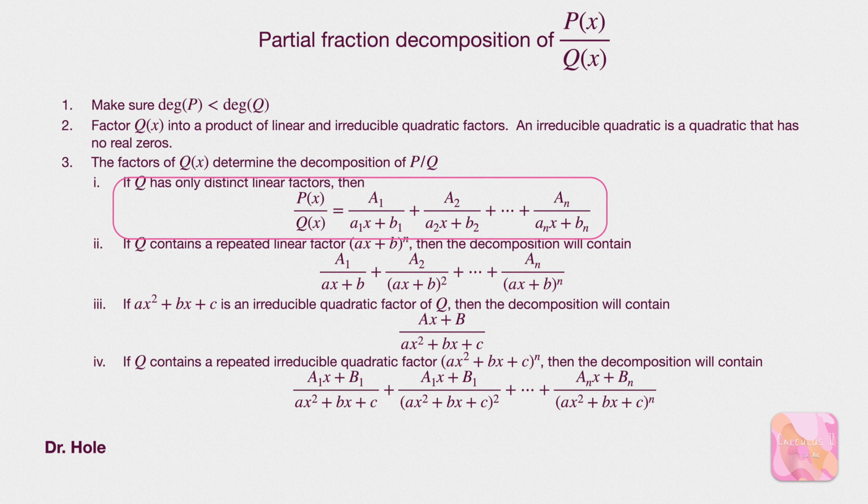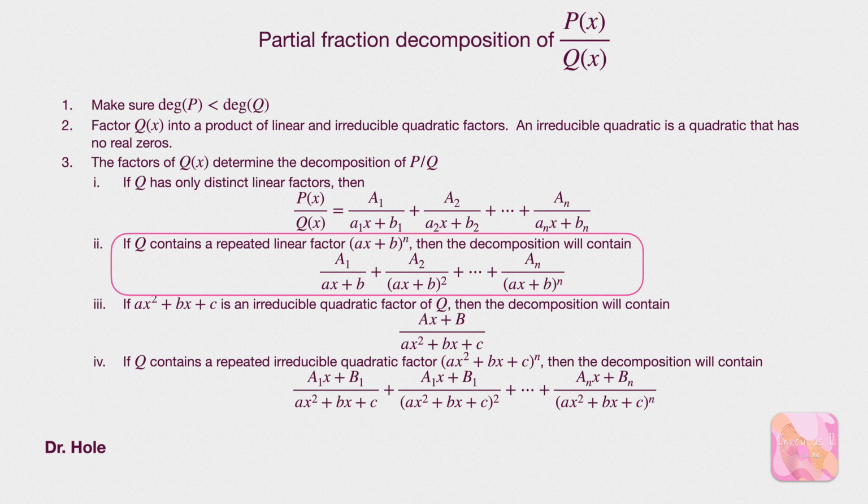If q happens to have repeated linear factors, then the decomposition will contain a proper rational function where the denominator is the linear factor raised to integer powers ranging from 1 to n. To determine these numerators, you'll want to use the method of equating coefficients.